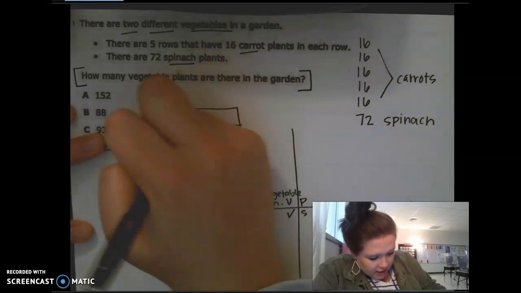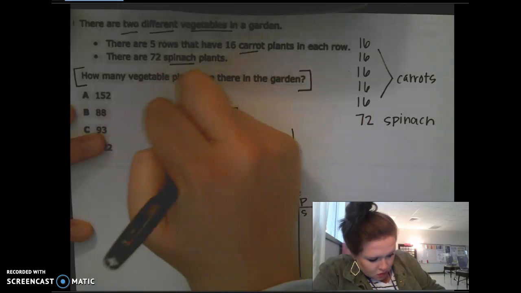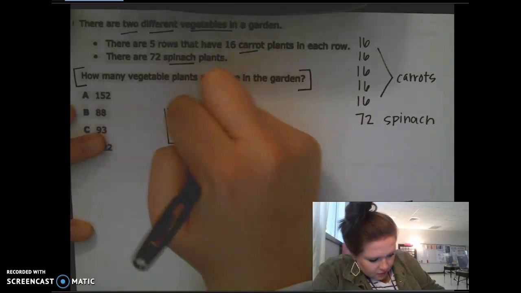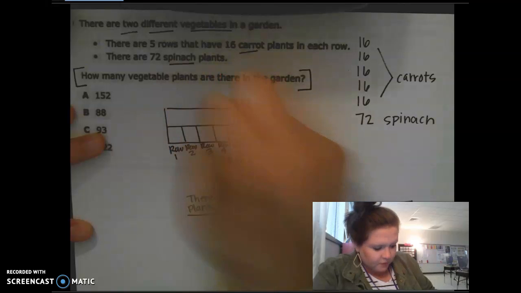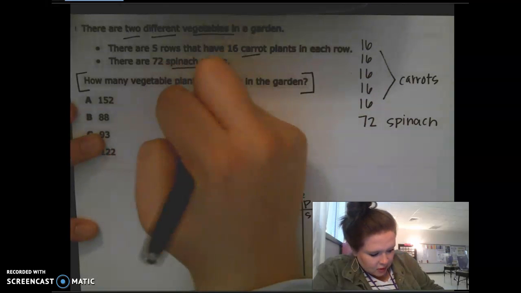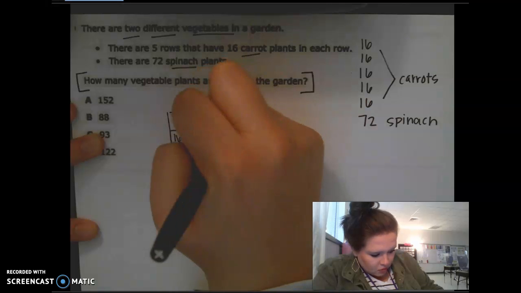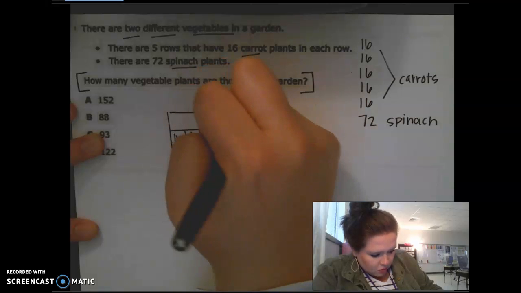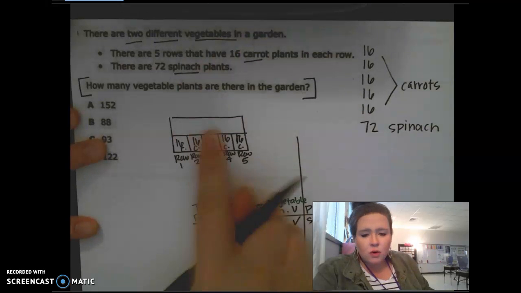This is row 1, row 2, row 3, row 4, row 5. And I know that there's 16 carrots in each row.